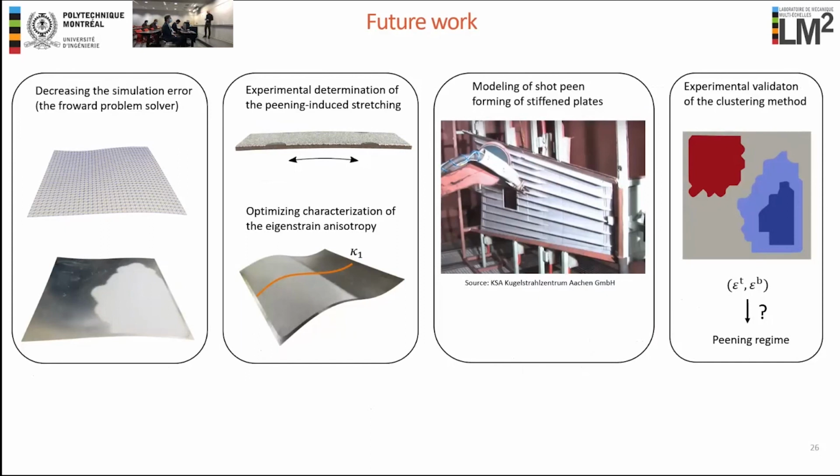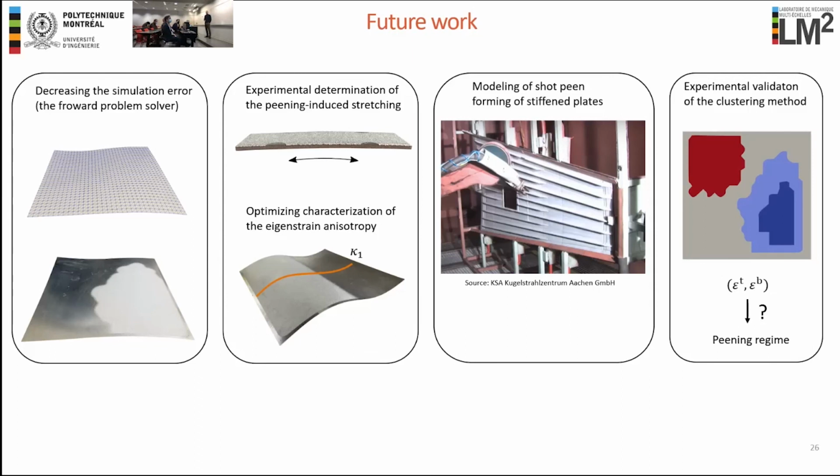Another avenue for the future work would be to determine the peening induced stretching, because during our experimental campaign we were only determining the deflection of the coupons, which is essentially related to their curvature. Okay, the deflection is related to the curvature, but it would be good to determine the stretching of the coupons provoked by the given treatment, which may be useful for some high precision applications.